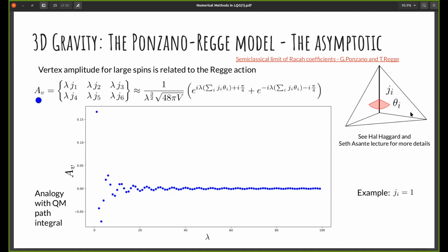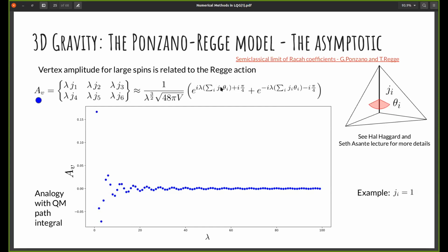as lengths of the segments of the tetrahedron. On top of that, there's also a cosine here, so there's an oscillating factor, and the frequency of oscillations is related to the Regge action that was also explained to you in the lecture yesterday by Seth and Hal in great detail.